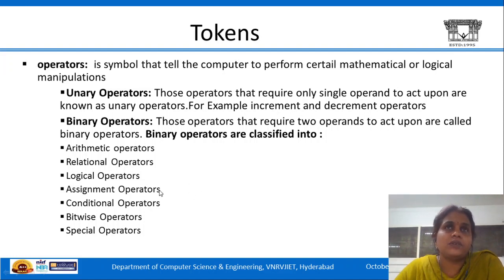Assignment operators are used to assign values to variables. Conditional operators perform some actions based on a condition, and the symbol of the conditional operator is the question mark. And the bitwise operators: in computers, everything can be done with bits, ones and zeros.